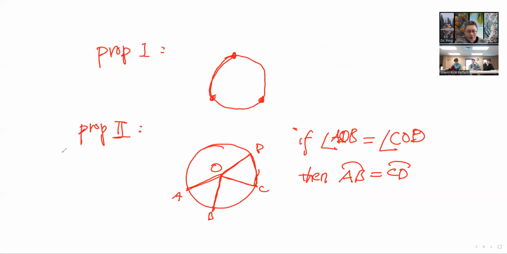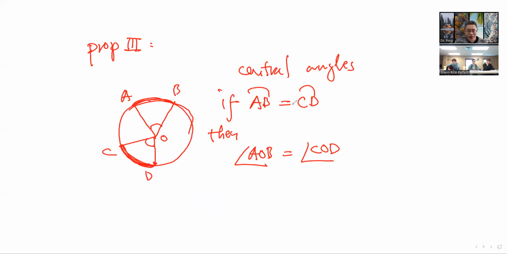Proposition 2: if this angle is equal to that angle, then their corresponding arcs will also be congruent. 3 is: if this arc is congruent to this arc, then the corresponding angles are congruent.